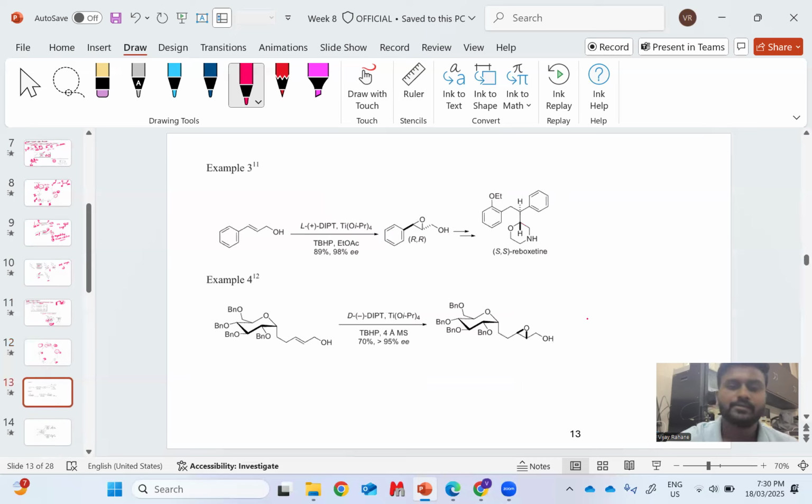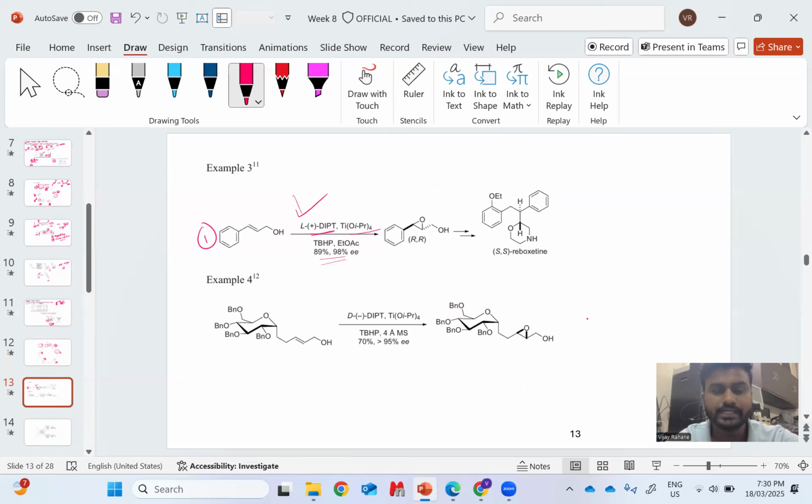And if you look at some examples of this asymmetric epoxidation, let's take the first example in which you can see L-diethyl tartrate, DIPT and titanium isopropoxide with the TBHP, that is the tert-butyl hydroperoxide.